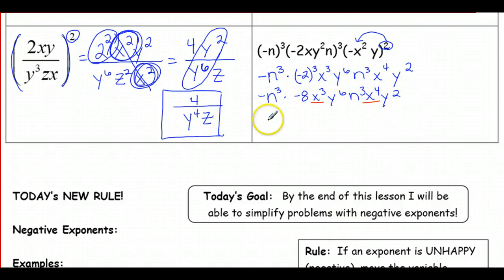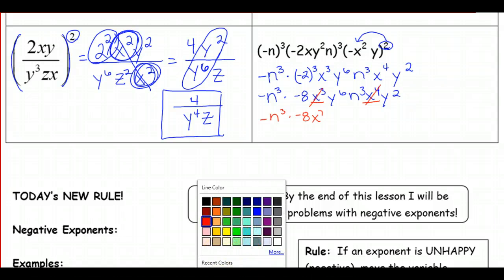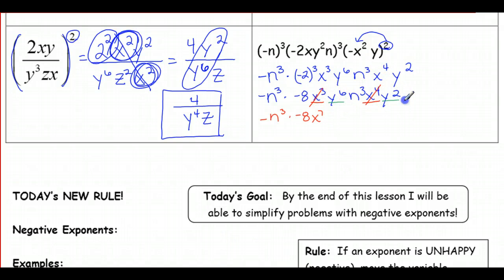So that would give me negative n cubed times negative 8 x to the 7th. Alright, now I'm going to go ahead and we'll do green. I'm going to look at my y's. I have y to the 6th and a y squared, which would give me y to the 8th. So we're done with the y's. And then I'm just going to bring down my n cubed.